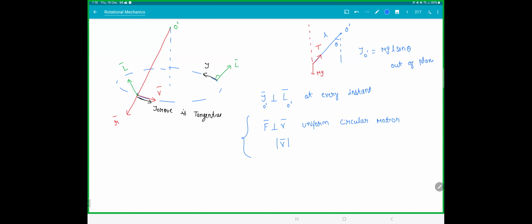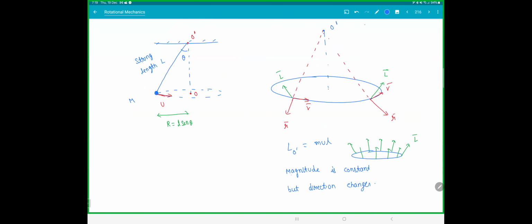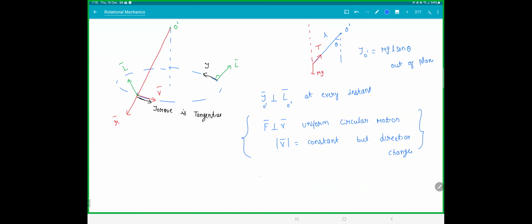The mod V bar is constant, but direction changes. So if you use the same analogy here, you will notice we got the same answer actually. Angular momentum's magnitude is constant, but the direction changes. Is that making sense? So here also, L about O dash's magnitude is constant, but direction changes. It resembles.